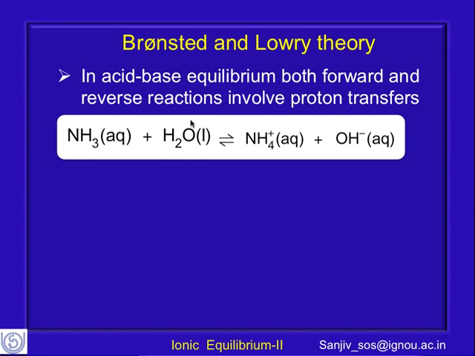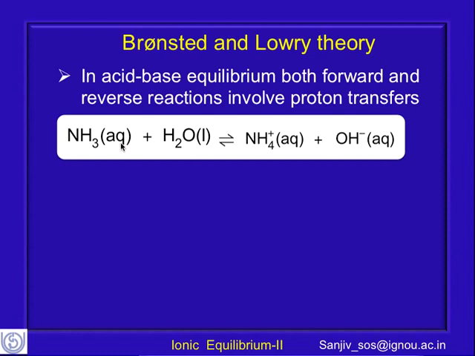So here this is acting as an acid, this is a base there, and if you look at the reverse direction, this is an equilibrium here, mind you, and if you look at the forward direction, this is acid, this is base. In the backward direction, ammonium ions are acting as acids because they are donating a proton which is picked up by hydroxide ions there. So in acid-base equilibrium, both the forward and the reverse reactions involve proton transfers.